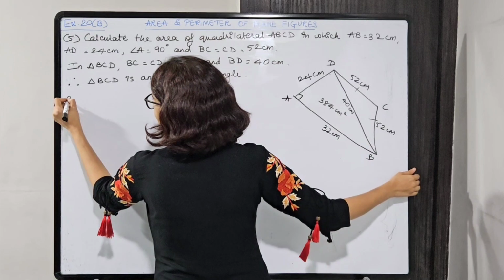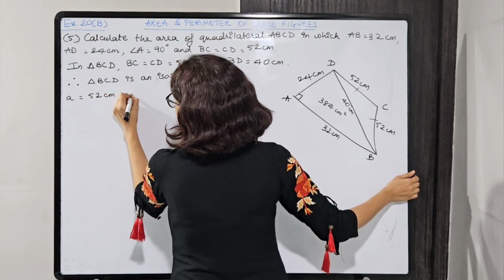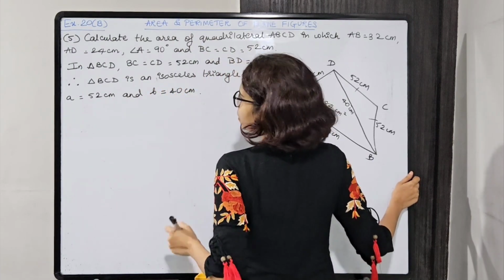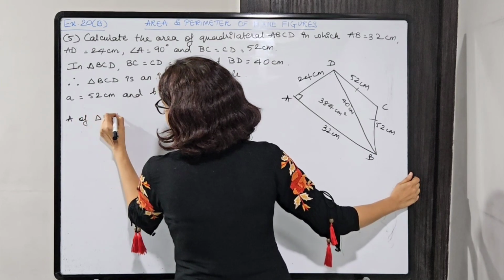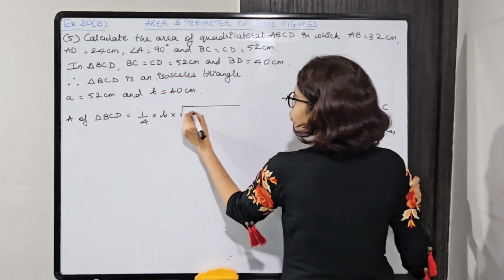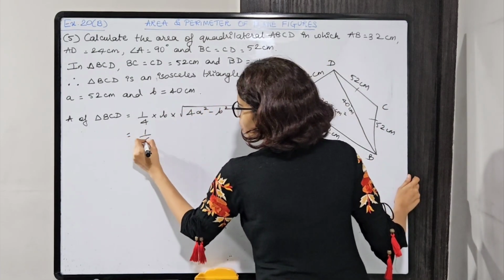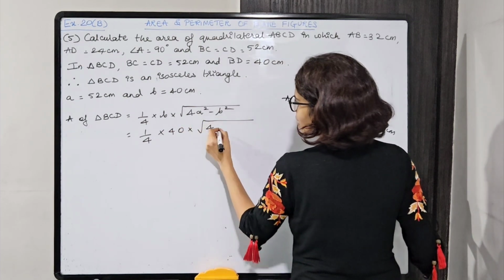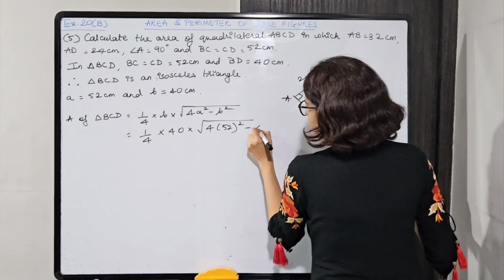So A and B required है. A are the congruent sides and B is the base. Okay, so area of triangle BCD will be 1 by 4 into B into root of 4A square minus B square. So 1 by 4 into 40 into root of 4 into A is 52 and B is 40.